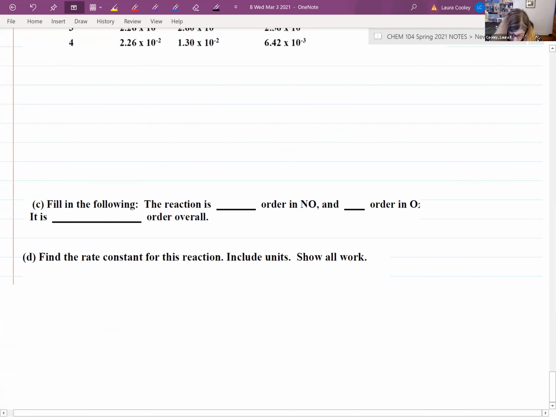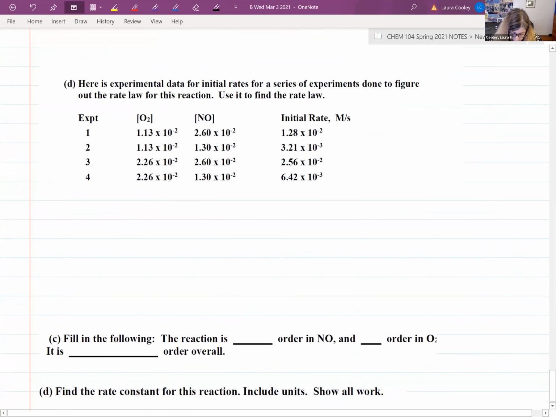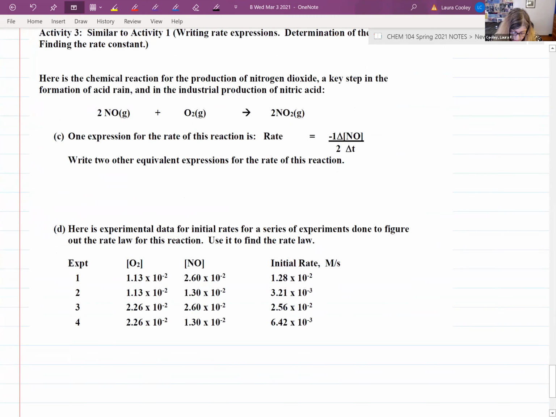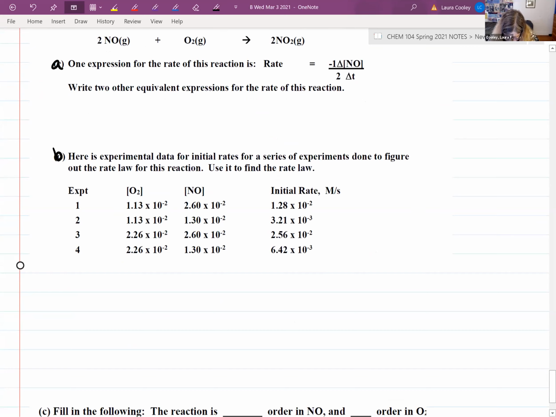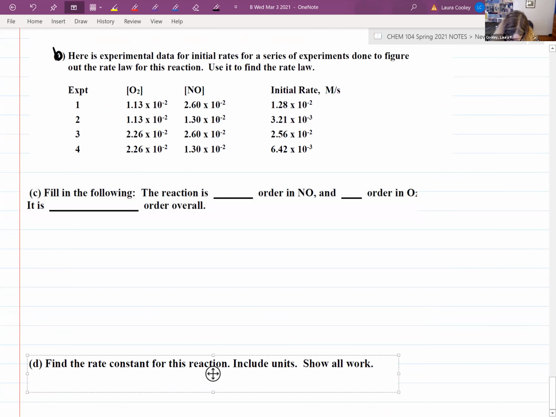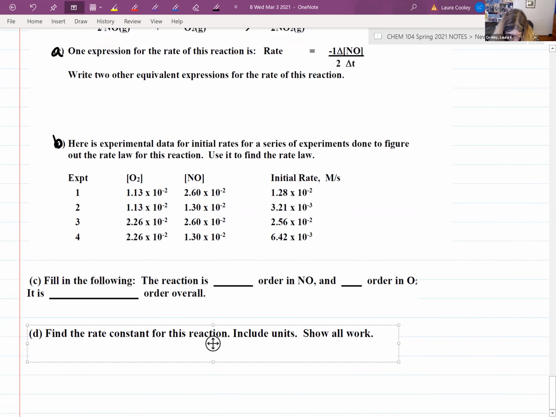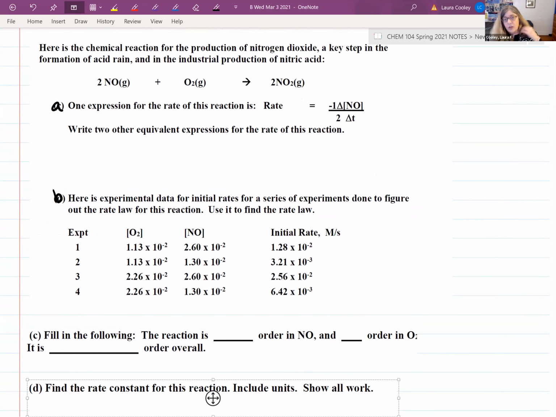What I would like you to do is find the rate law, and to find the rate constant. So all of this is part of this problem. These are examples like what we've been doing.